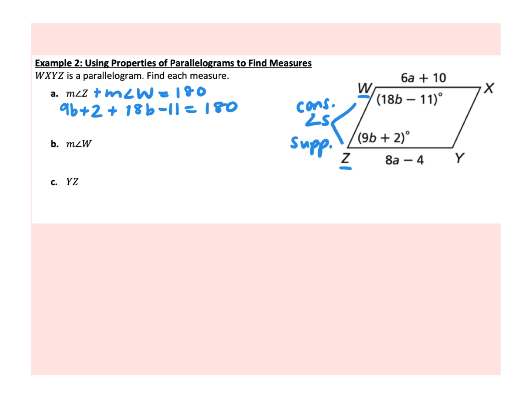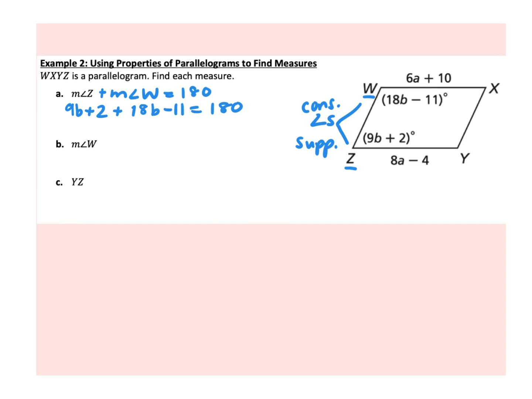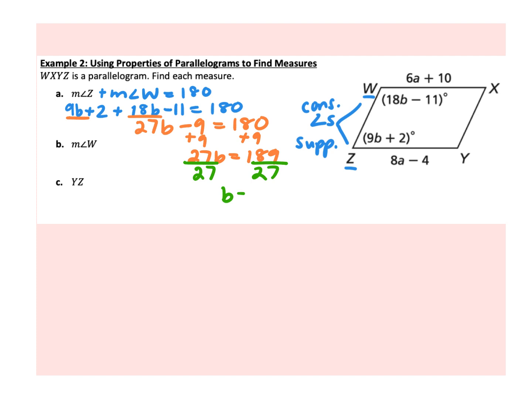So we combine our like terms, 9b and 18b is 27b. And then 2 minus 11 is negative 9. Now if we add 9, 27b equals 189. You can then calculate 189 divided by 27. And when you do that, you get 7.